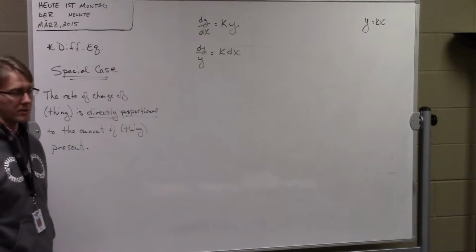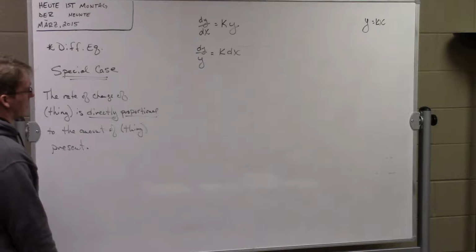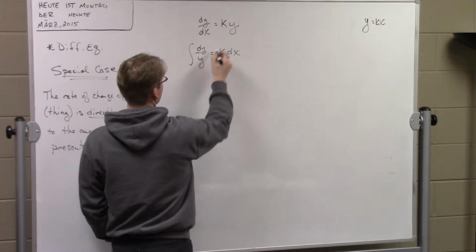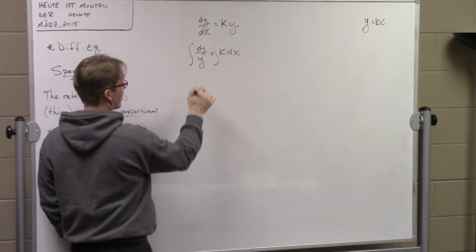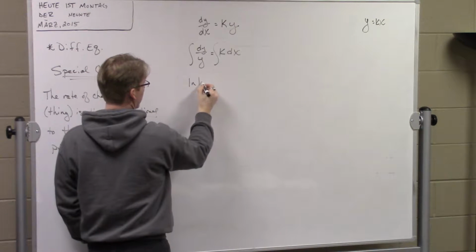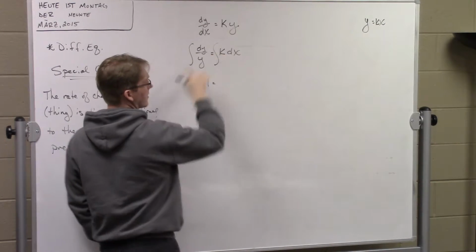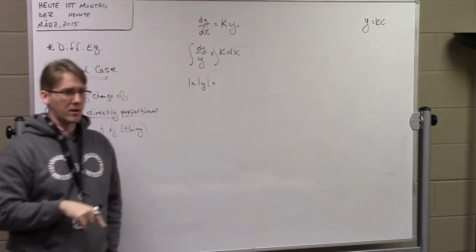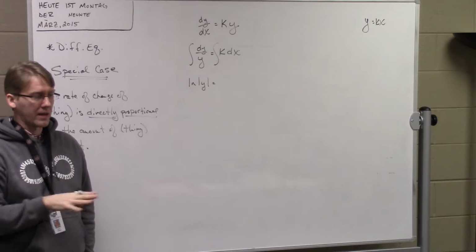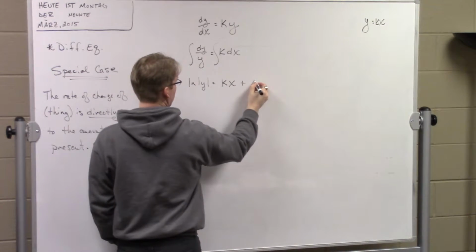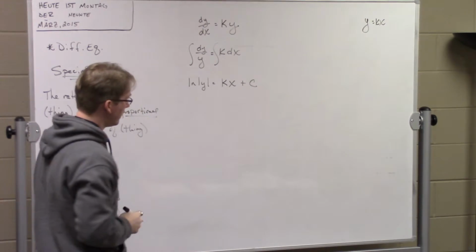It's kind of irrelevant, but it's easier on the right side. Take a couple antiderivatives. The antiderivative of dy over y is one we should recognize, natural log absolute value of y. The right side, okay, don't get confused here. K is not the variable, k is just a constant. So the antiderivative of k is just going to be kx. All right, I'll slap on a plus c here.